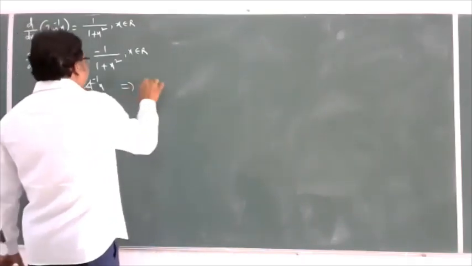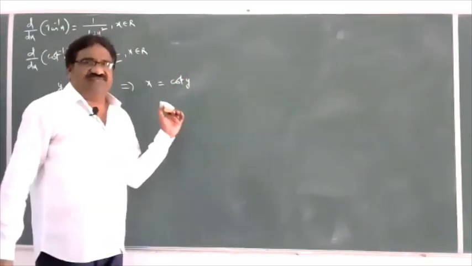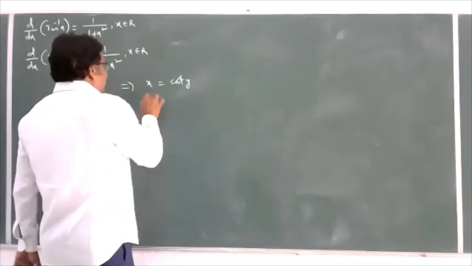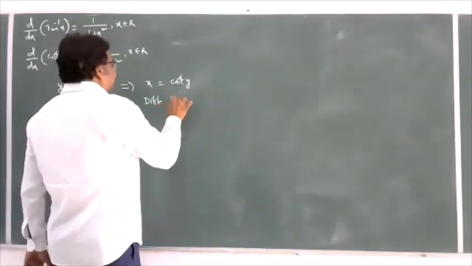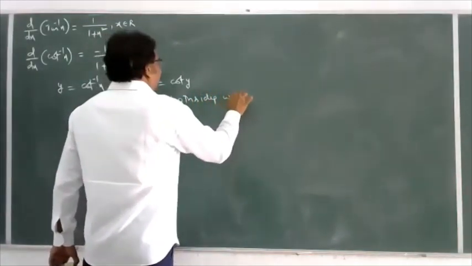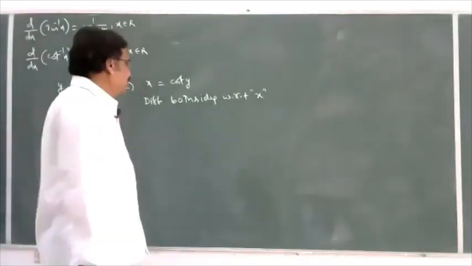From this, you get x is equal to cot y. So differentiating both sides with respect to x.